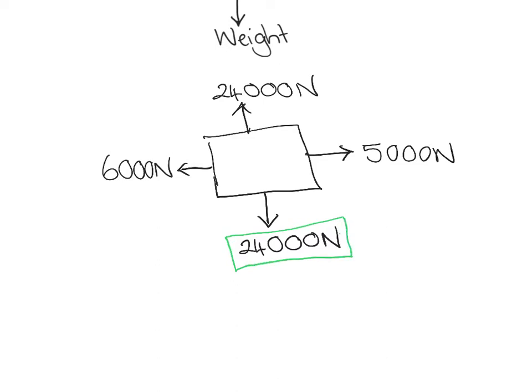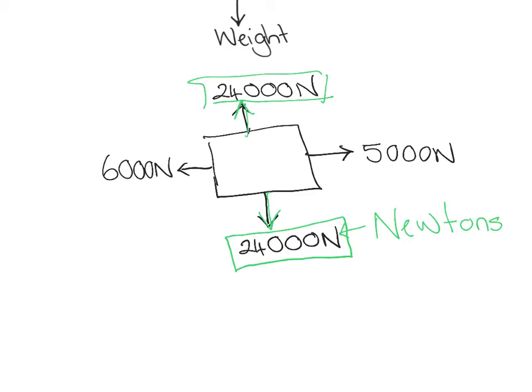Now newtons is our unit of force, named after Sir Isaac Newton, who originally discovered or realised that forces were acting on objects. So we've got 24,000 newtons acting in this downward direction, and the support force is also 24,000 newtons, and that's acting against the weight force.